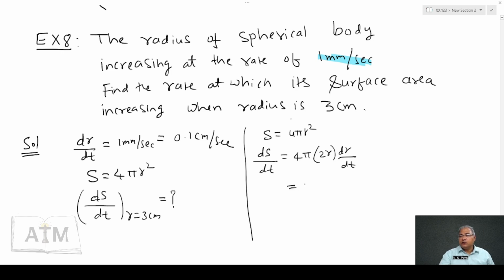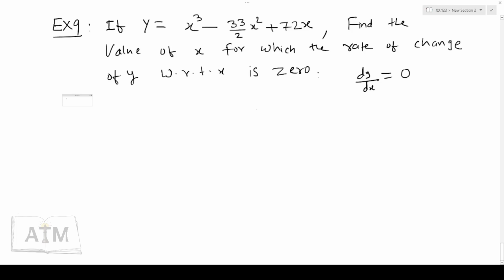So this equals 4 pi into 3 centimeter, times 2, and dr by dt 0.1 centimeter per second. This equals 4 pi into 6 into 0.1, that equals 24 pi into 0.1, that equals 2.4 pi, and it is area, therefore centimeter square per second.